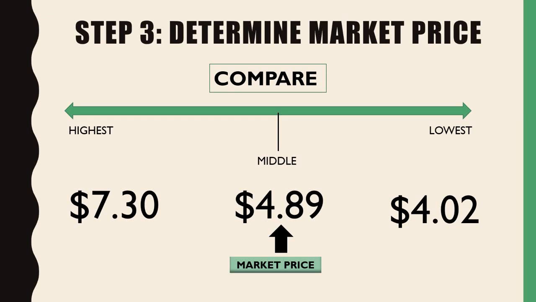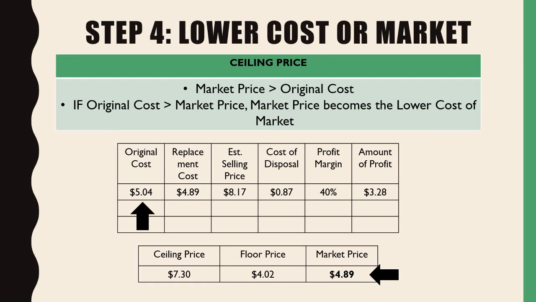So you're comparing the 3 numbers in numerical value, and you're going to choose the value that's in the middle between the ceiling and the floor, or in this case, the highest and the lowest. You're going to take the middle number, and that is $4.89. So that's going to be your market.